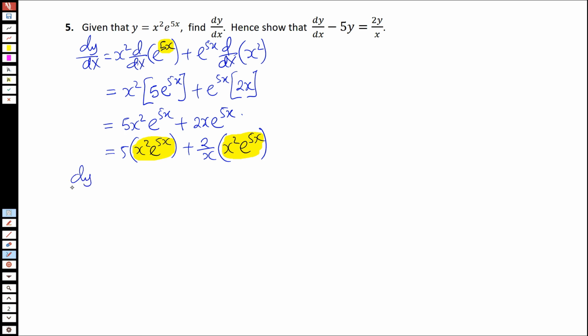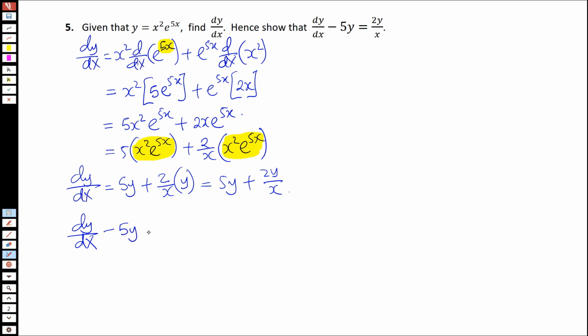So dy over dx will be equal to 5y plus 2 over x multiplied by y, which is same as 5y plus 2y over x. And basically, this is same as what I have here. So if I just rearrange this equation, I'll end up with dy over dx minus 5y will be equal to 2y over x.